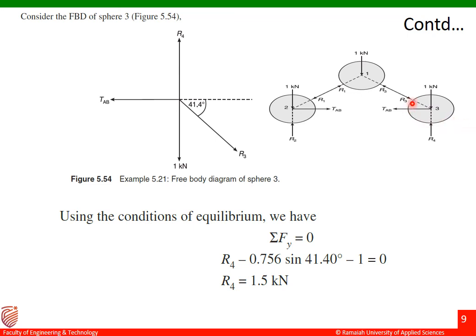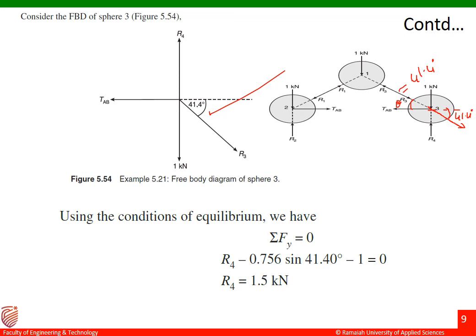We have to find out what is the angle made by R3 with respect to the horizontal. So in the previous slide, we found out the answer for theta. So let us take this one as theta. In the previous problem, we found out the value for theta as 41.4 degrees. If this is 41.4 degrees, then this will also be 41.4 degrees. Same thing is written over here.